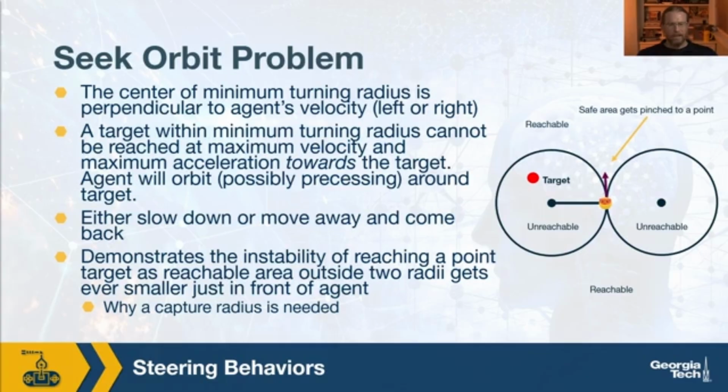The solution is you either need the agent to slow down or move away and come back if there is a target within the circle. Of course, you could also have a large capture radius to just say that it's been successfully visited, and that might be sufficient in some situations.